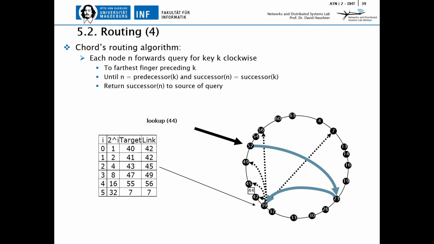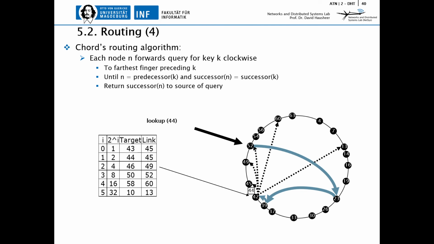And then we look at the finger table of node 39, and node 39 now has a link both to node 42 and node 45. Node 45 is succeeding key 44, and node 42 is the farthest node preceding k.